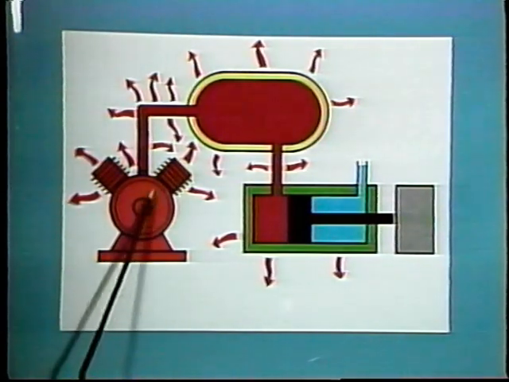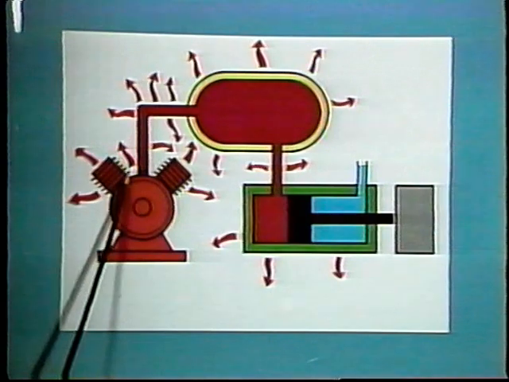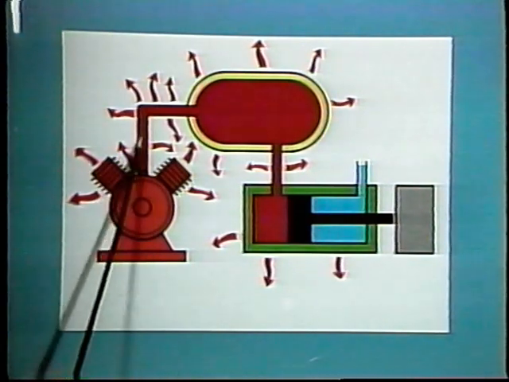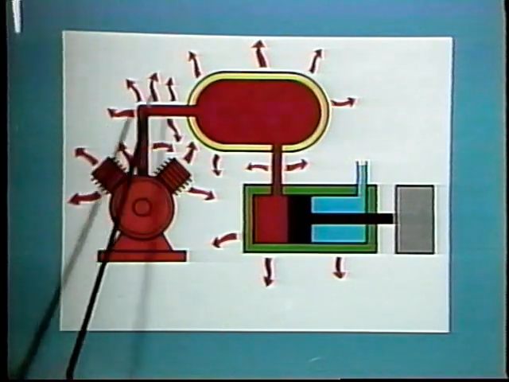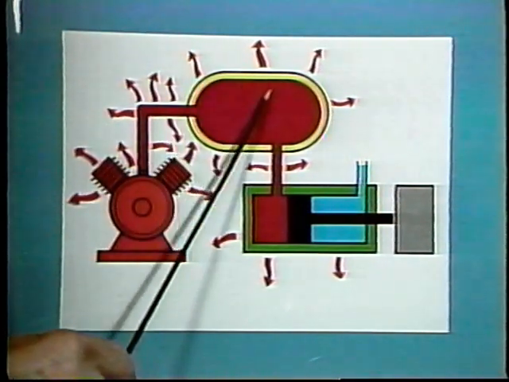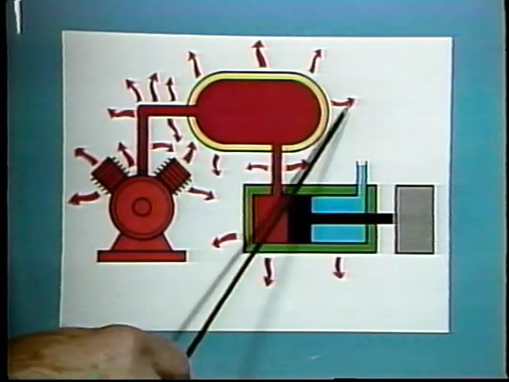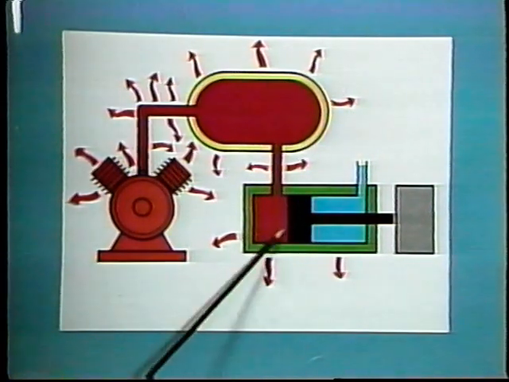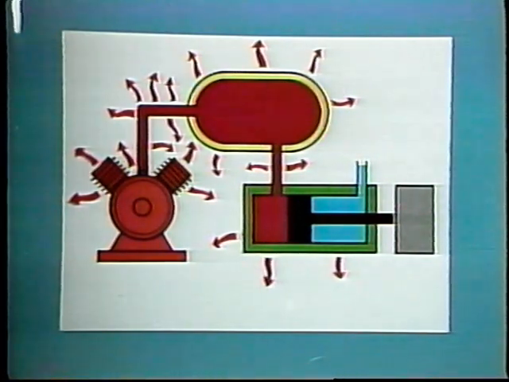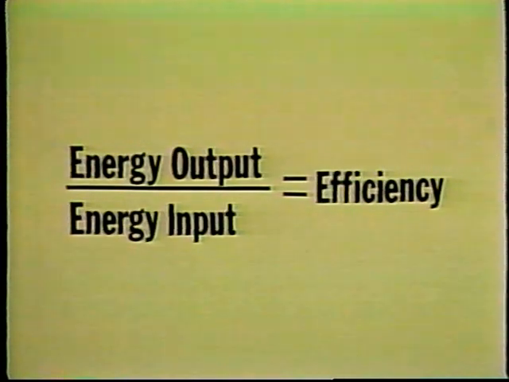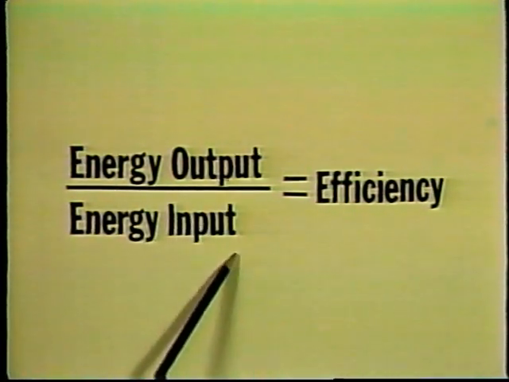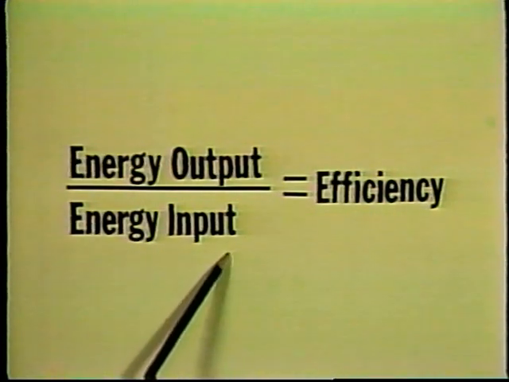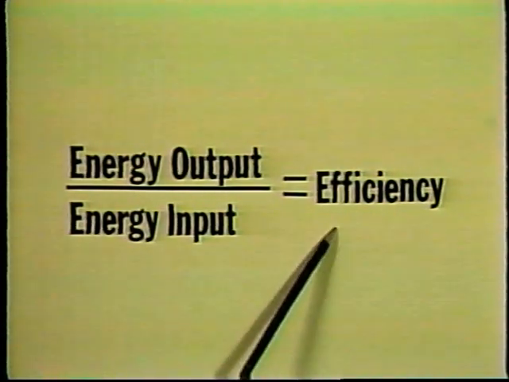When the air is compressed, it gets hot, and when it flows through pipes, it rubs against them, and this friction also causes heat. So some part of the pneumatic energy is transformed and lost before it even reaches the actuator. The ratio of the energy available at the output of the actuator divided by the energy put in to drive the system gives us the efficiency of the system.